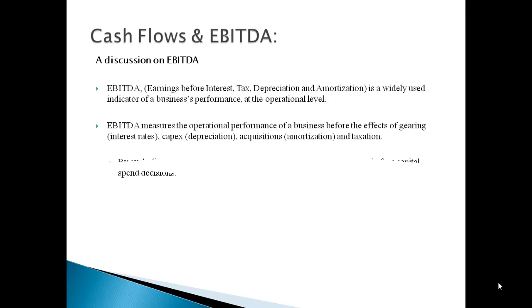Just some things about EBITDA. By excluding depreciation, the indicator reflects operating performance before capital spend decisions, as I said above. So if we have two different companies in two different industries, and one industry is highly capex intensive, you have to spend a lot of capex year on year, and you have company B that is a service company and very little capex.